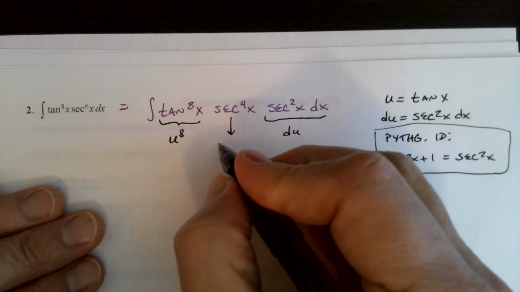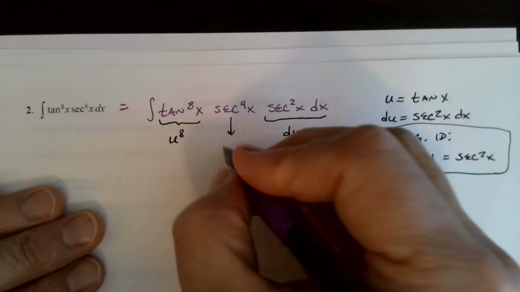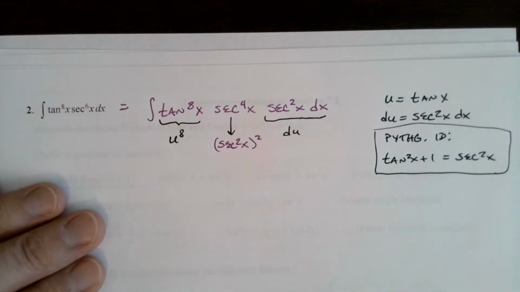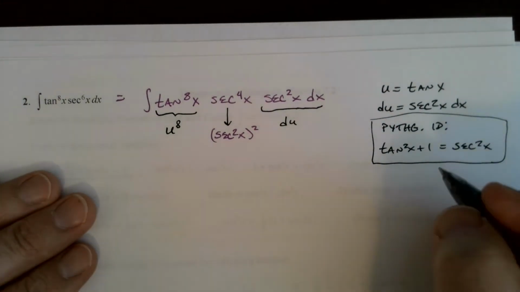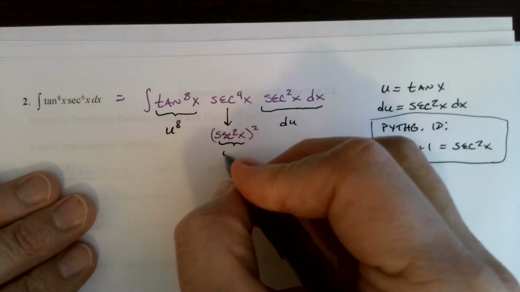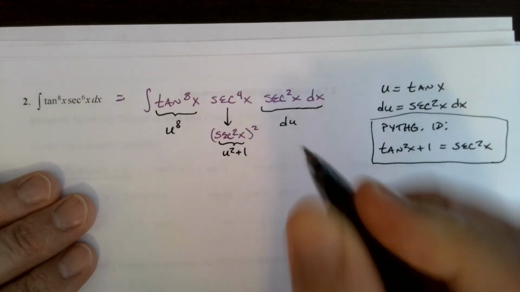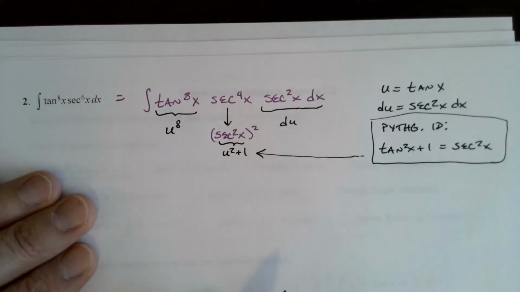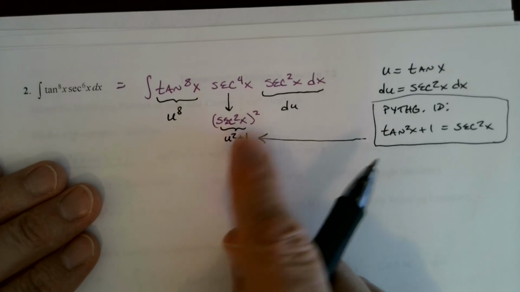This is going to be the same as secant squared, but secant squared is tangent squared x plus 1, so this becomes u squared plus 1. Everyone see that? But it's u squared plus 1, squared.